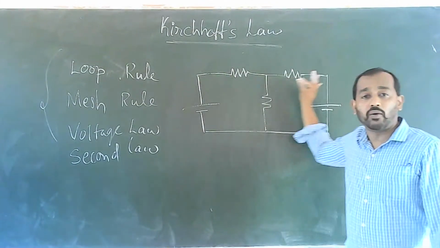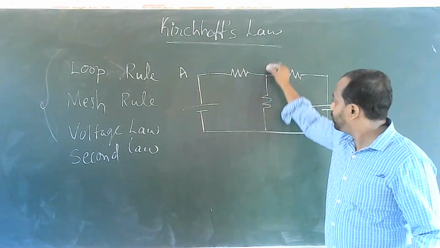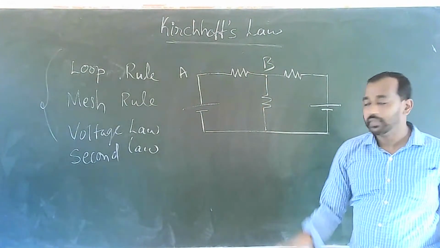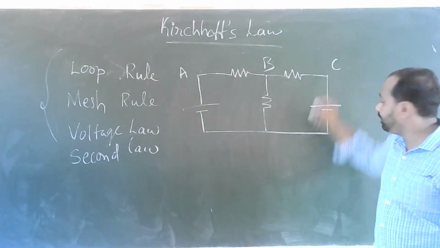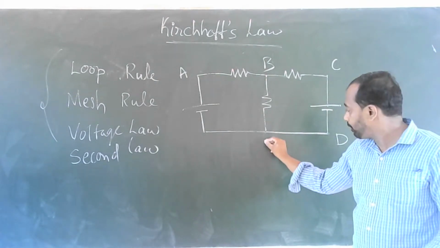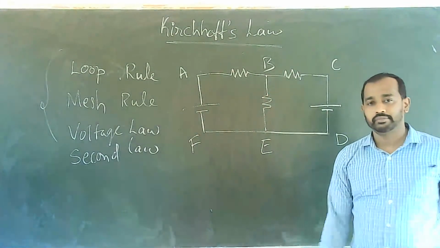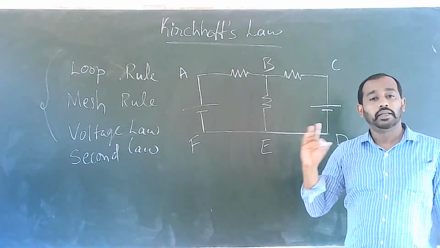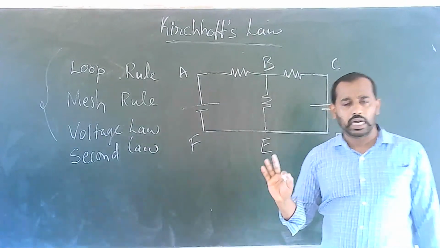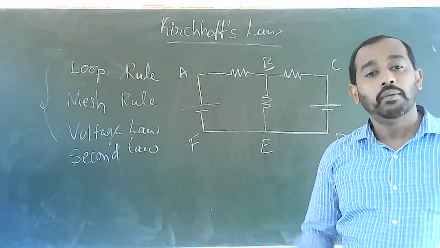And I am going to name every corner here. So this is represented as A, this point will be represented as B, this corner is represented as C, the next corner is represented as D, and this point will be represented as E, and again this is represented as F. Now our objective, still I am not stating the voltage.